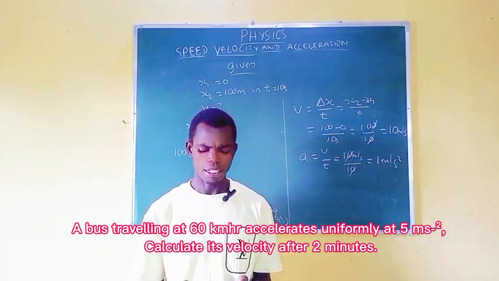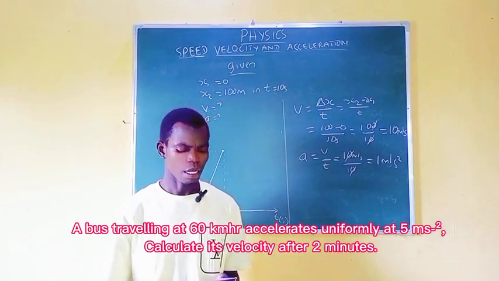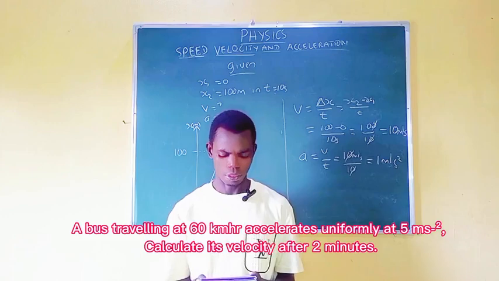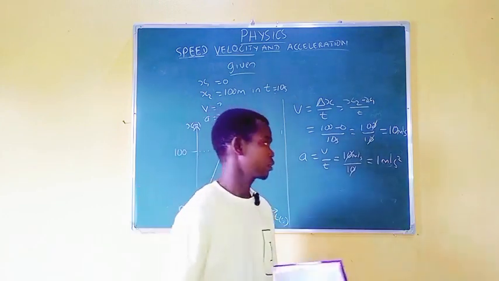A bus traveling at 60 km per hour accelerates uniformly at 5 meters per second square. Calculate its velocity after 2 minutes.